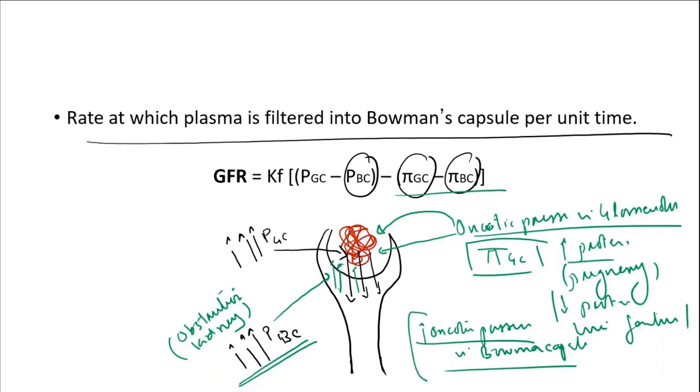This factor is very rare in this equation. Can anyone give me an example of when this can happen? If there is damage to the basement membrane of the glomerulus, the protein will be excreted into the Bowman capsule. When there is a lot of protein in the Bowman capsule, it promotes more filtration too. Unless there is damage, this factor is negligible.